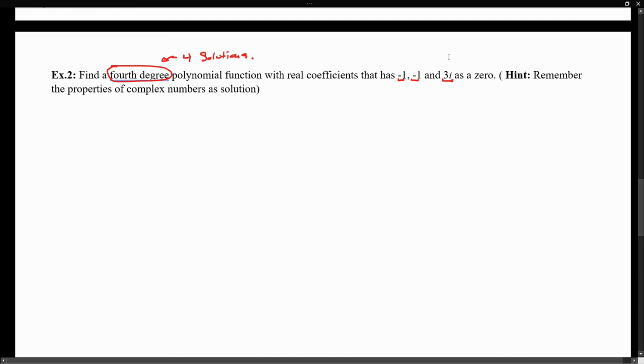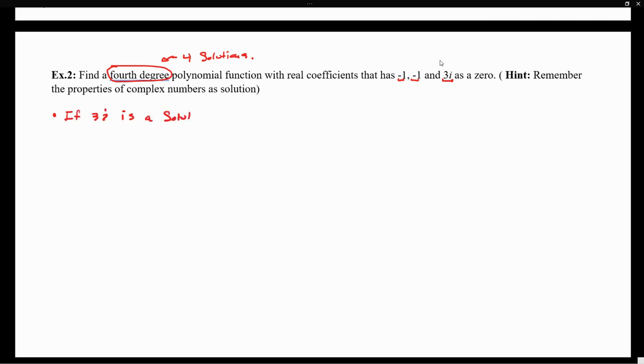We're missing 1. So how can we get the last solution? Well, remember that complex numbers always come in pairs. So if 3i is a solution, then minus 3i is a solution as well, since it is its complex conjugate.